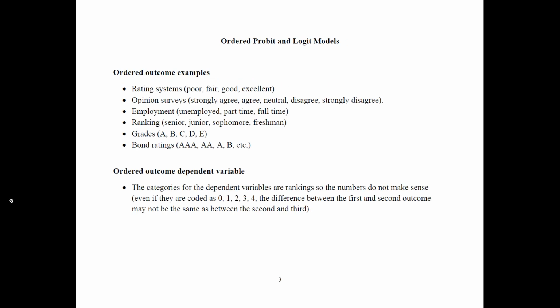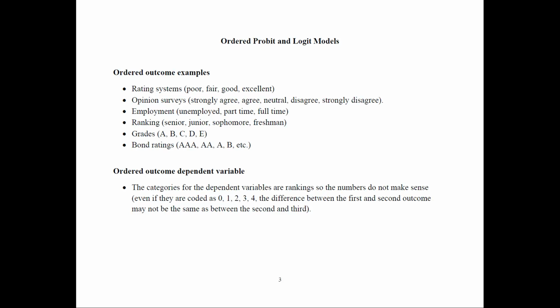So here are a few examples of ordered outcome dependent variables. The most common ones are rating systems, where you could have poor, fair, good, and excellent. They also come a lot in opinion surveys, where people are asked about a statement and they need to say strongly agree, agree, neutral, disagree, or strongly disagree.